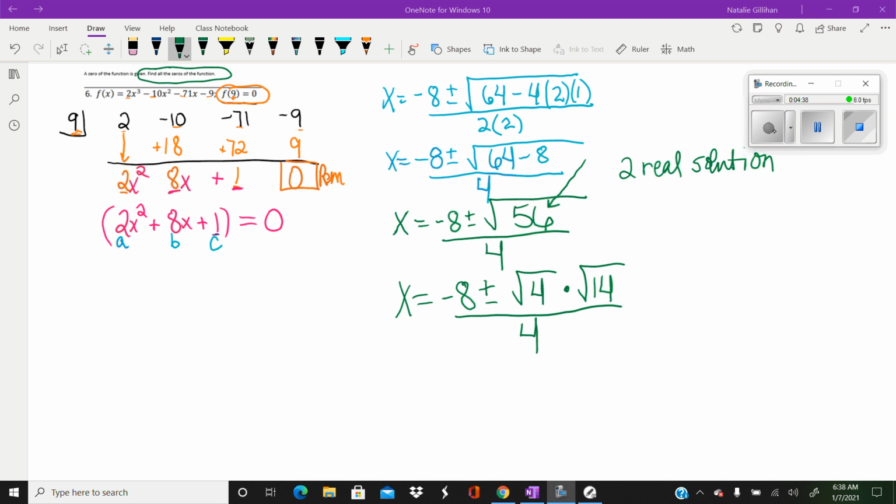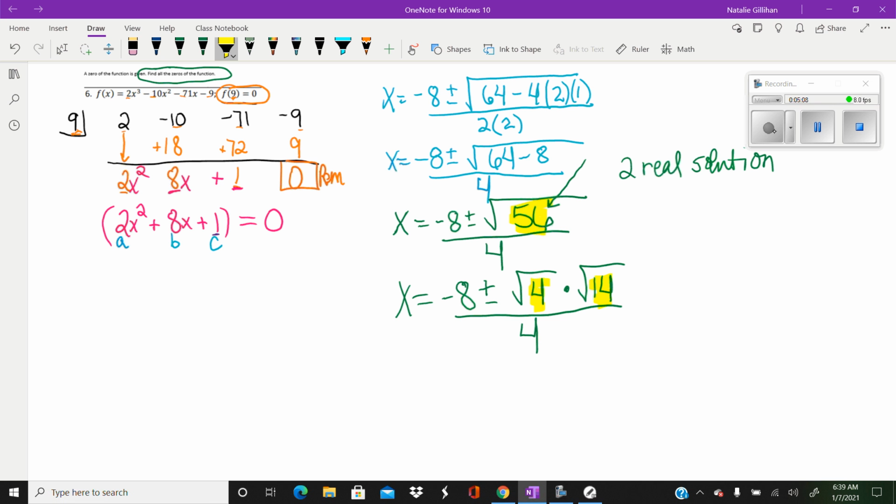Alrighty, so what I have done with this next step is, obviously 56 is not a perfect square, but odds are 56 has a perfect square factor floating around inside of it. So I've taken 56 and divided it into the square root of 4 times the square root of 14. And 4 times 14, of course, is 56. What that does for me is take 4, which is a perfect square, away from the 56.